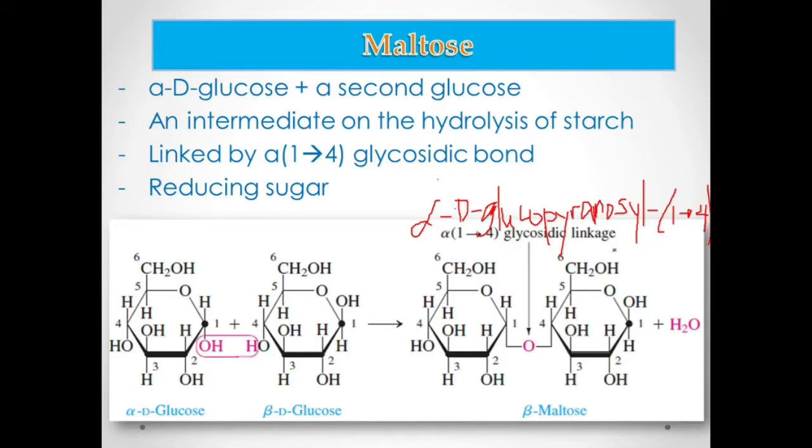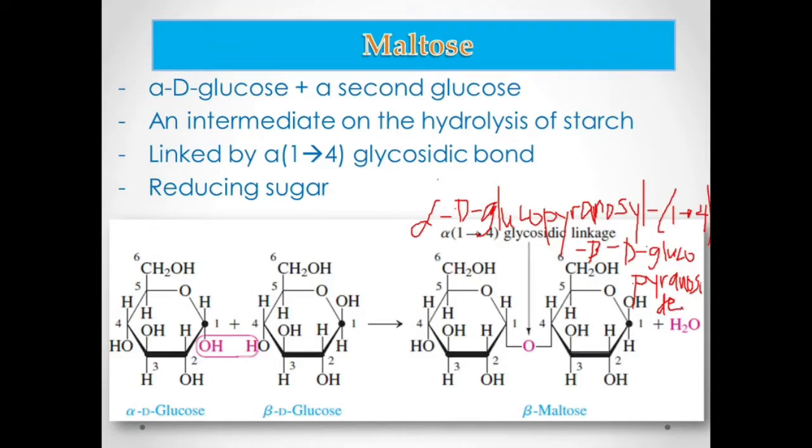Then the last name would be the second sugar, which is a beta, beta D glucopyranose. But it is now not pyranose because it is a glycoside, so that becomes pyranoside, that is -ide.